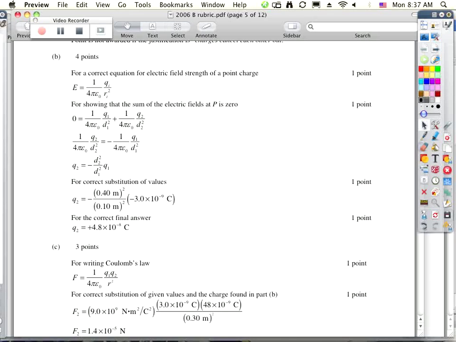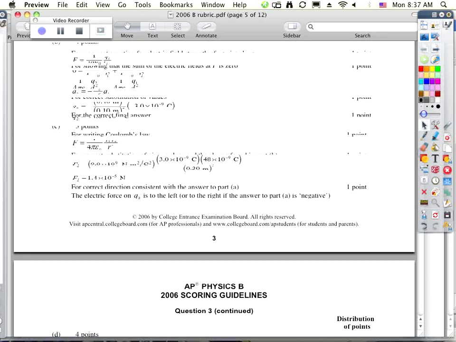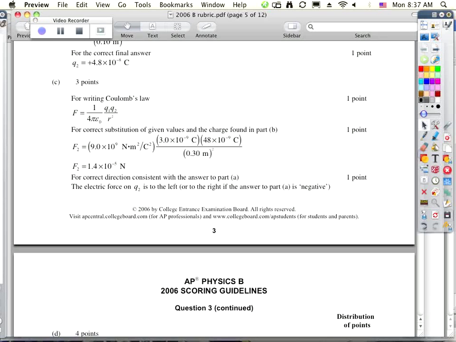For 3, what do we come up with? 1440 newtons. It was an issue of units. You know what I think I did? I forgot to put the nanocoulombs on here. Do you see what I mean? The numbers, right? There was a second nanocoulombs on the 48.